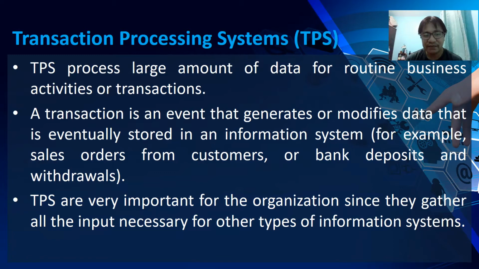TPS is very important for the organization since it gathers all the inputs necessary for other types of information system. TPS is one of the systems that caters to large amounts of data, which is very essential for the information system.